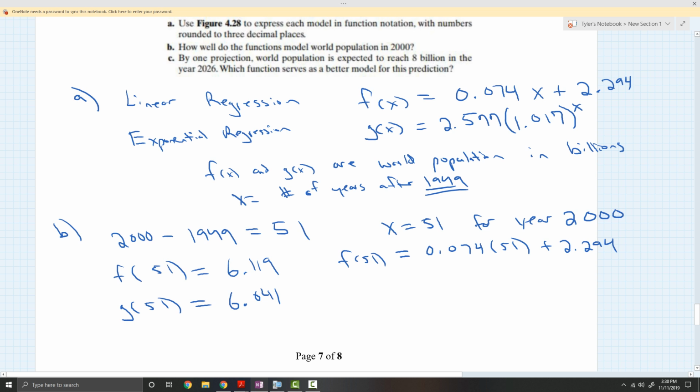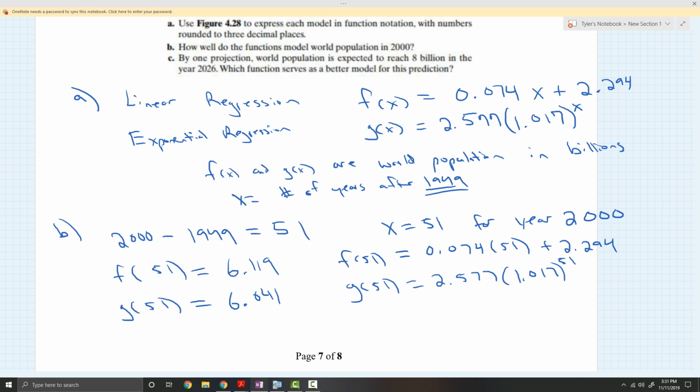And then g of 51 would, of course, be the 2.577 times 1.017 raised to the 51st power, right? And that's where you can get those values.